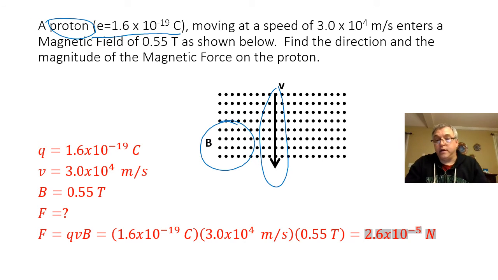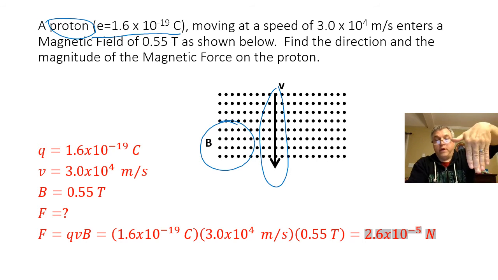In my right-hand rule, my thumb represents the direction of the force, my fingers represent the direction of the velocity, and my palm represents the direction of the magnetic field. If there were an arrow sticking straight out of my palm, that would show the direction of the magnetic field. So I want my palm to be facing away from the screen, toward me, so it's coming out of the page, and my fingers oriented downward.